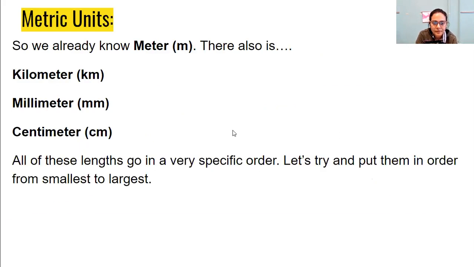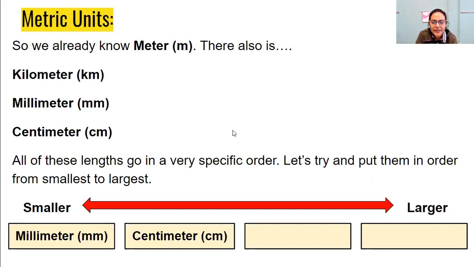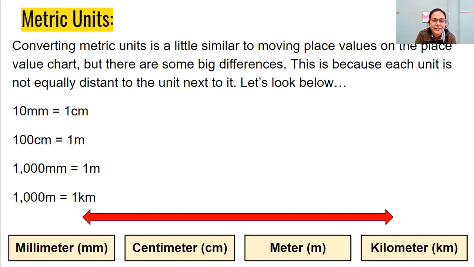This is easy. Right now it's confusing, but you're going to get it at the end. You will see. Okay, 10 millimeters equals 1 centimeter. 100 centimeters, 1 meter. 1,000 millimeters, 1 meter. 1,000 meters, 1 kilometer.